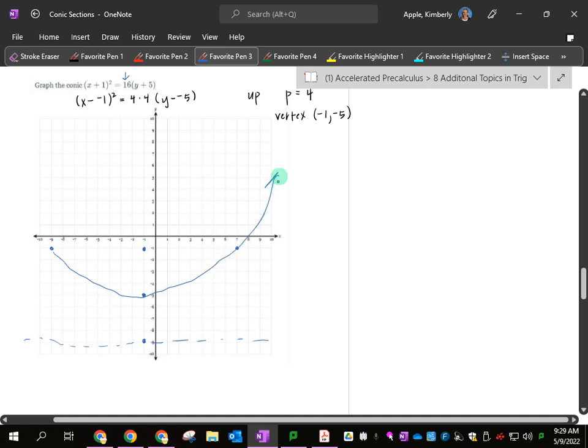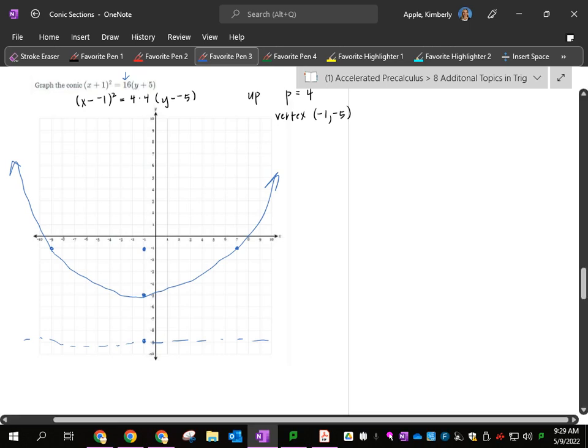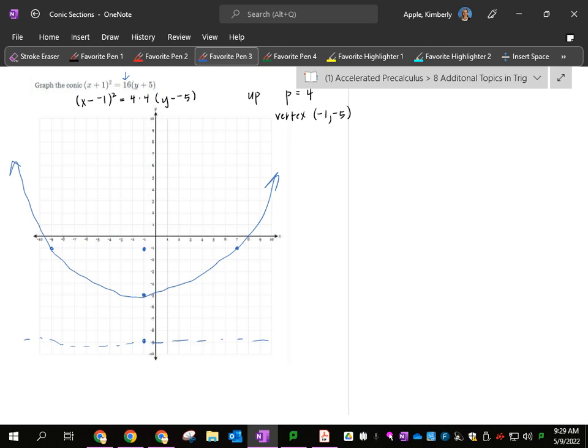Delta Math will do that for you pretty much. You'll just have to move the focus around, and it should widen the parabola for you. You'll move the entire graph using the vertex, and then stretch it using the focus. So make sure you can graph that one.